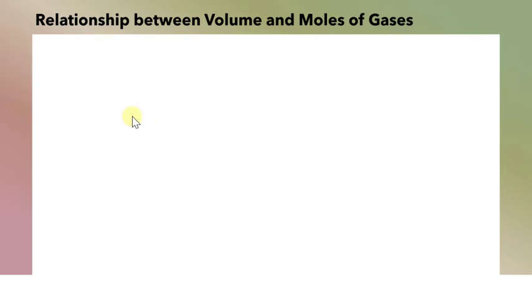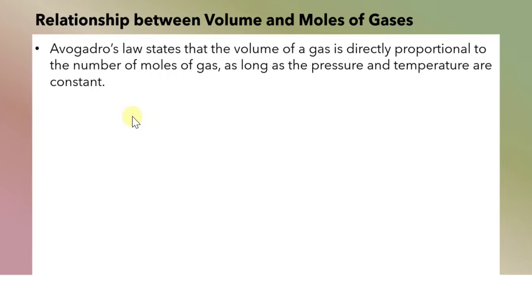So you see that moles continuously proceed from one substance to another, or from one quantity to another. We are looking at volume and moles of gases now. So here we are saying Avogadro's law states that the volume of a gas is directly proportional to the number of moles of gas, as long as the pressure and the temperature are constant. Yeah, that is Avogadro's law.